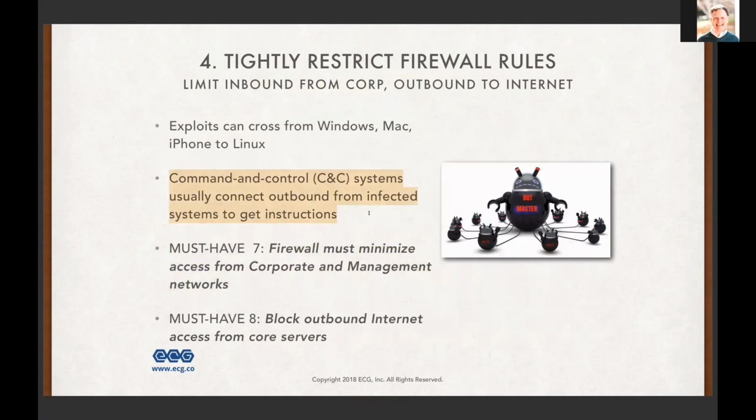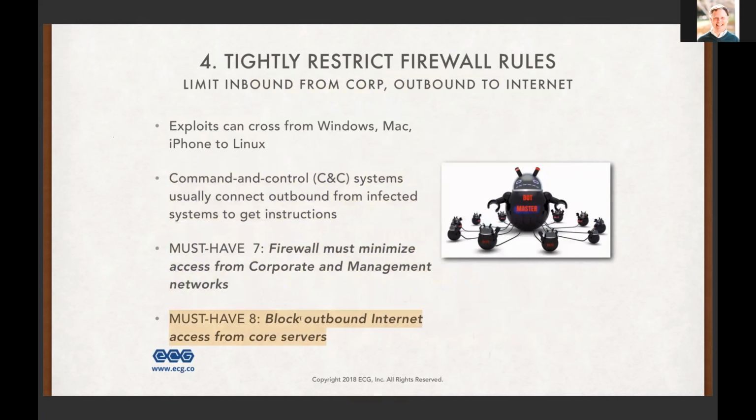Now, this is not pleasant because it makes a lot of our management tools more difficult. But it is a common strategy that you'll have traffic from your internal systems connecting to places they shouldn't connect, and that's how instructions or new software updates are downloaded to manage the malware. And so we want to block outbound internet access from our core servers.